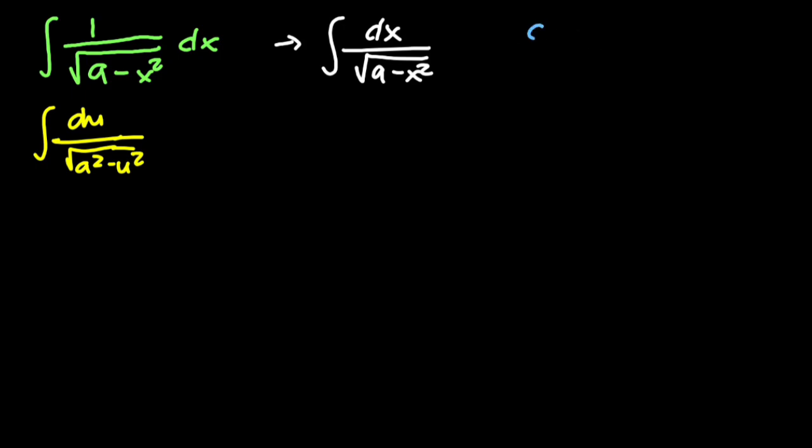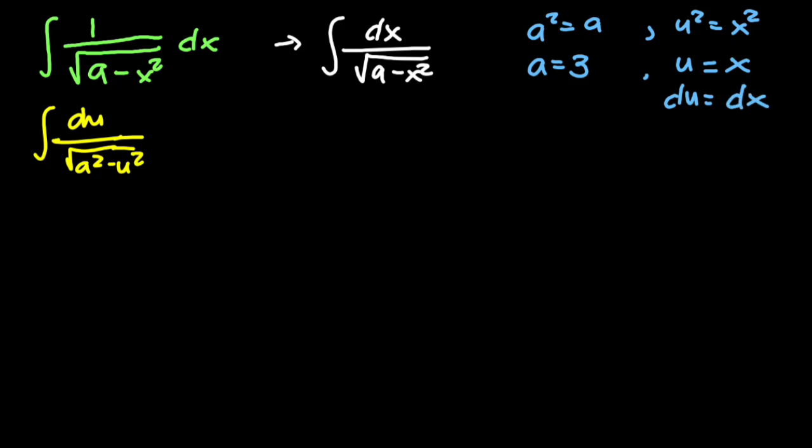a squared here is 9, and so the square root of 9 would be 3. And u squared here is x squared, so the square root of x squared is x. So taking the derivative of u, which is x, it would become dx.